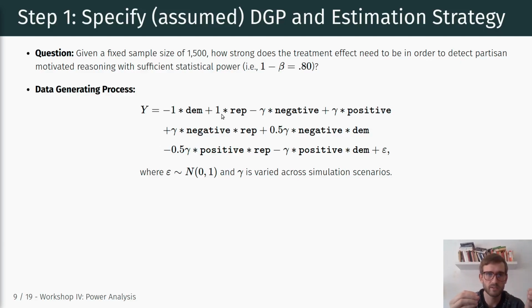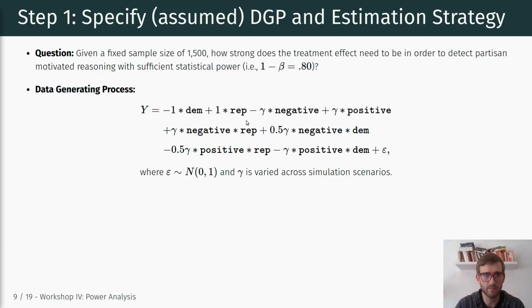Or in other words, independents who receive the negative treatment with gamma equal to 1 would evaluate the Trump administration's handling of the COVID pandemic just as negatively as Democrats who were in the control group who just received the neutral treatment.